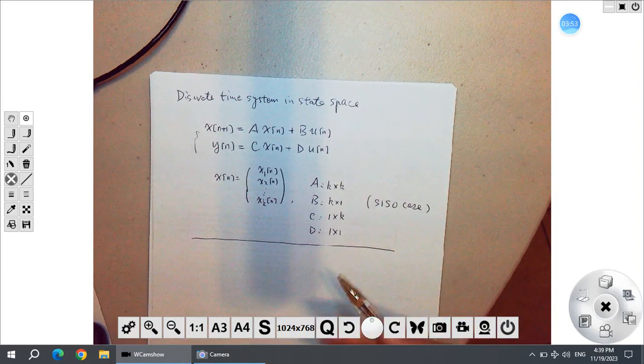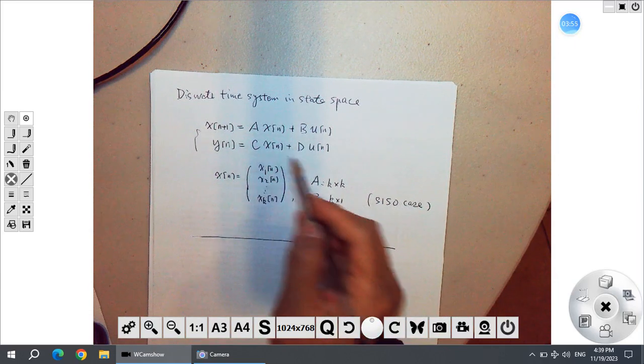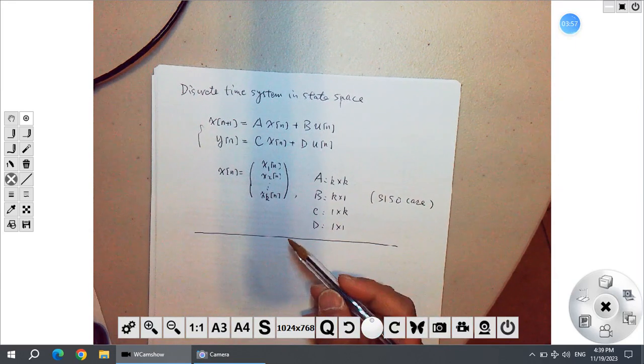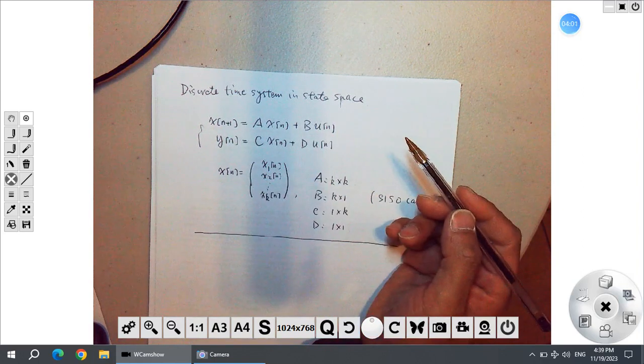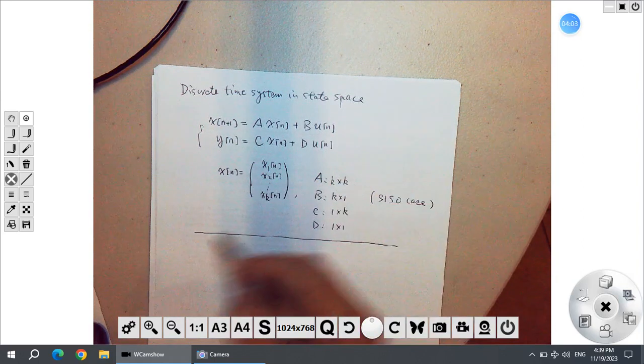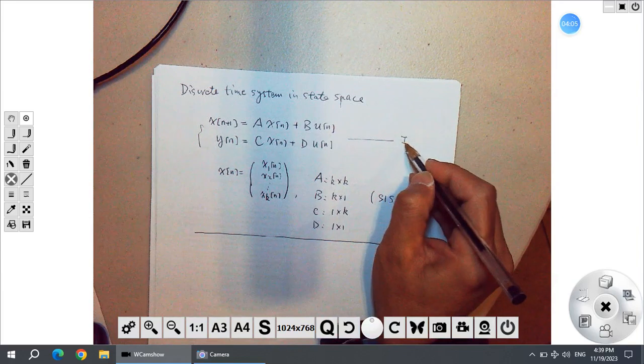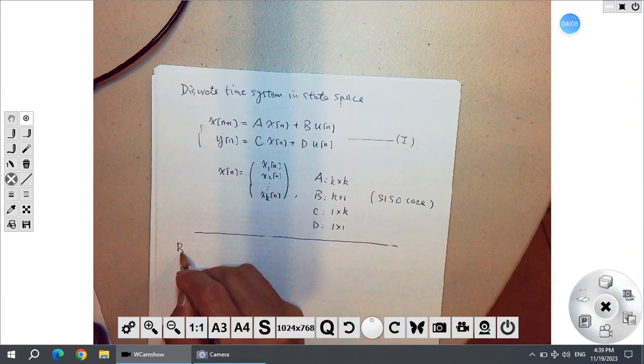Now how to solve them? If u of n is given, how do we get x and y? We can perform the z transform.